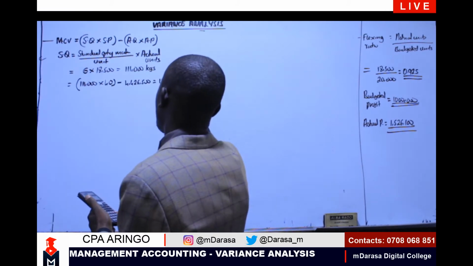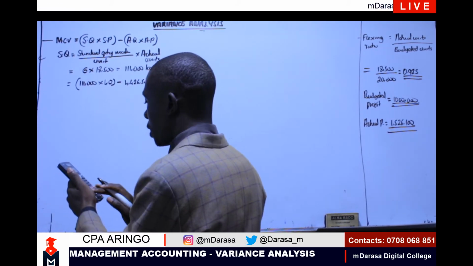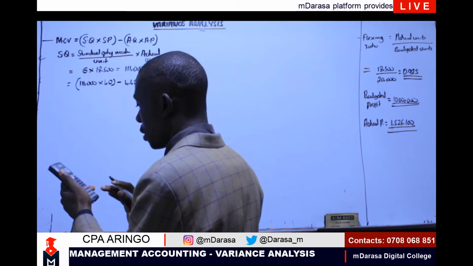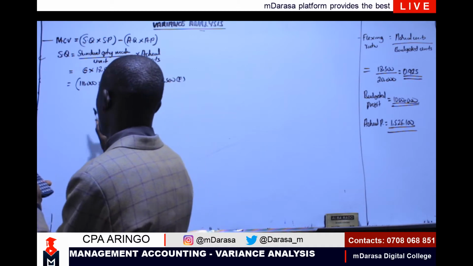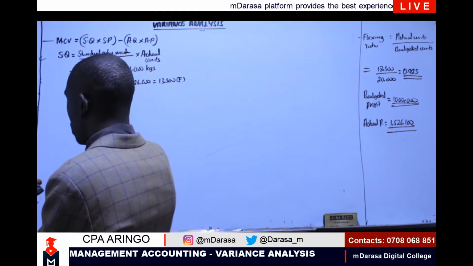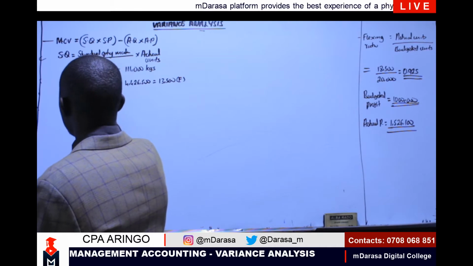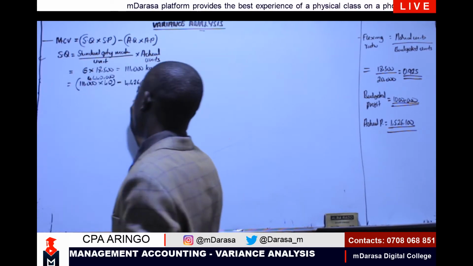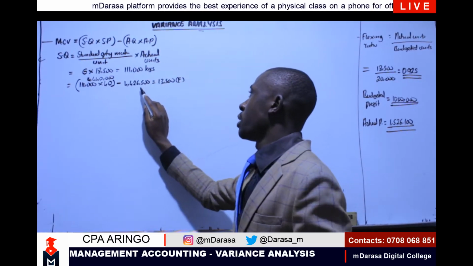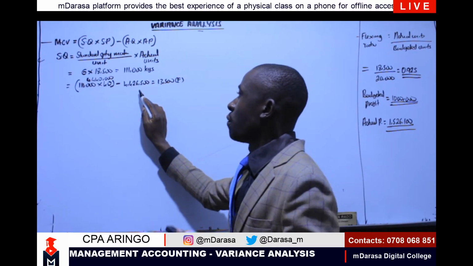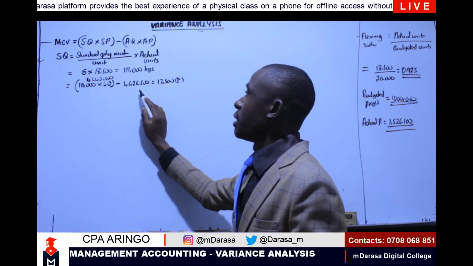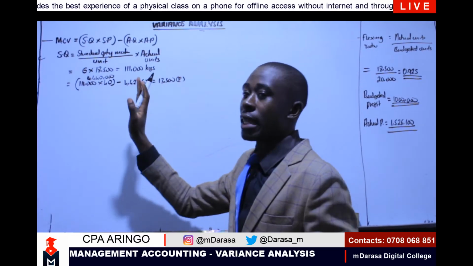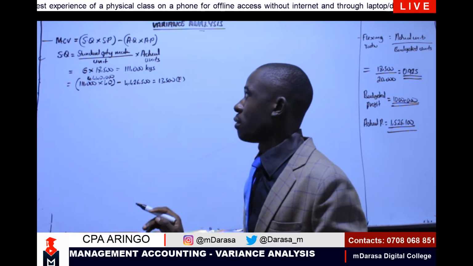This is a favorable variance, because I had budgeted to spend 4,440,000, but we ended up spending 4,426,500. So it's as if I spent less than what I had budgeted. That's why we term it a favorable variance. So in that case, you are done with material cost variance.